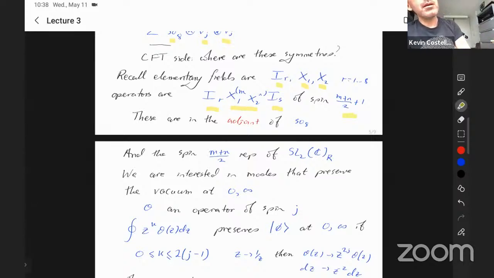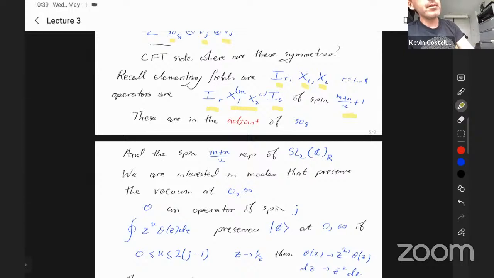Now, it also lives in some representation of the SL2 which rotates x1 and x2, and it's in the representation of spin (m plus n)/2 of that SL2. So we've listed the open string operator and which representations it lives in.